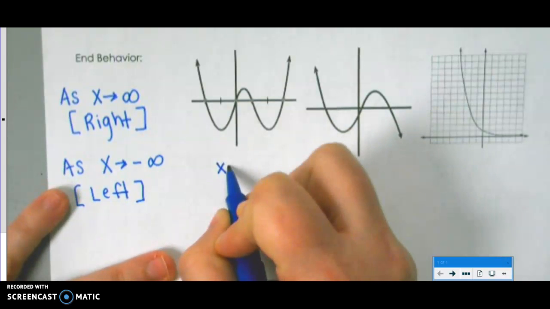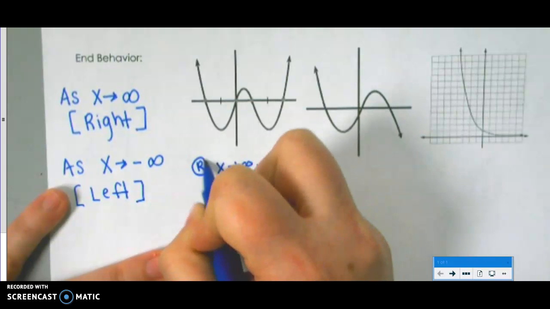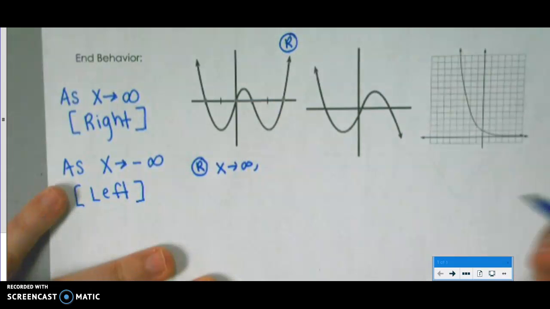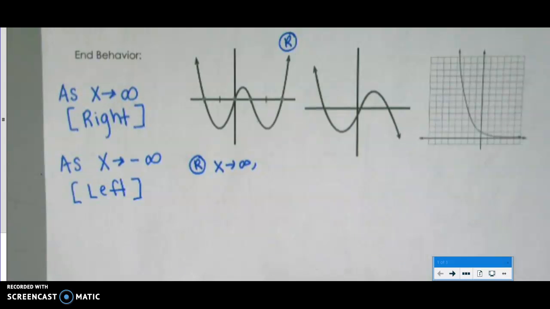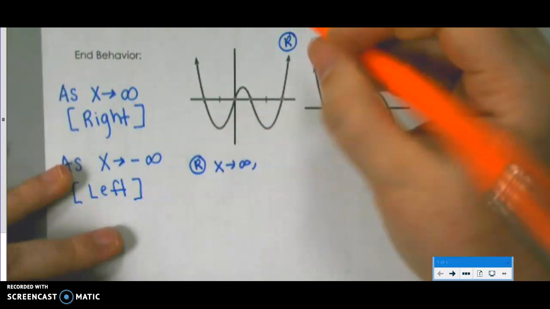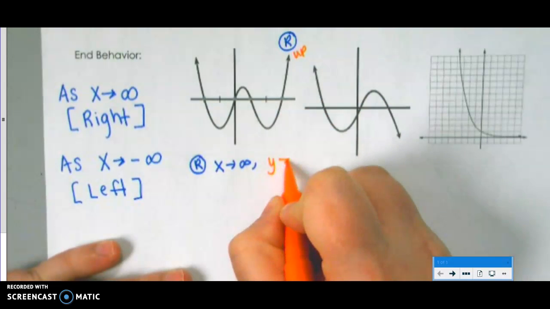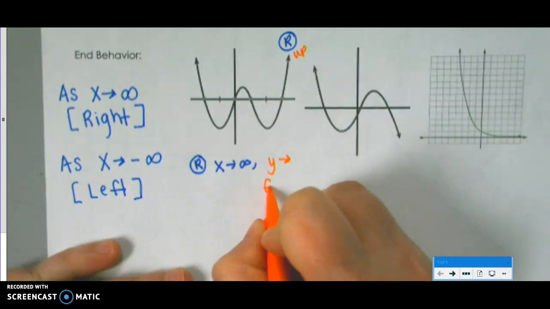So as x approaches infinity, so that's the arrow on the right, your job is to describe what the right arrow is doing. Well, the right arrow is pointing up. So you can either say y is going up, or you can use f of x.